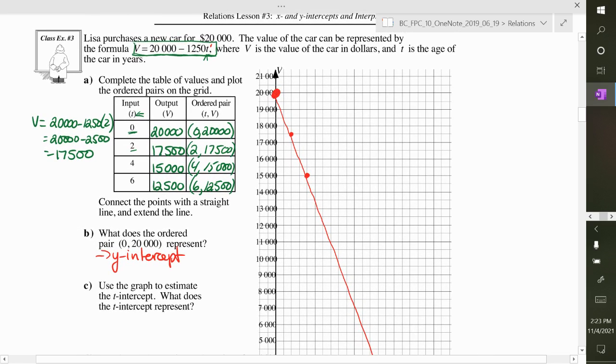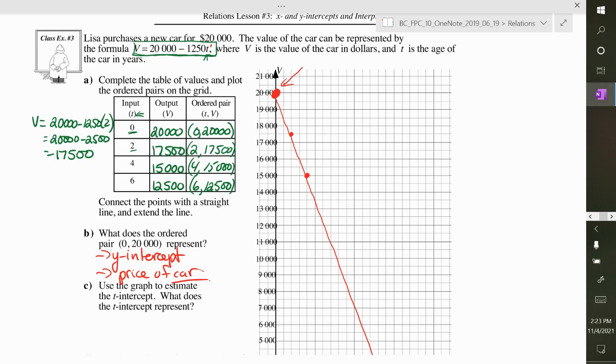What does this point represent? It's how much the car was valued when you first bought it. It was the cost of the car, essentially, right? So it's the price of the car. Okay. Because time is 0. That's when you paid for it.